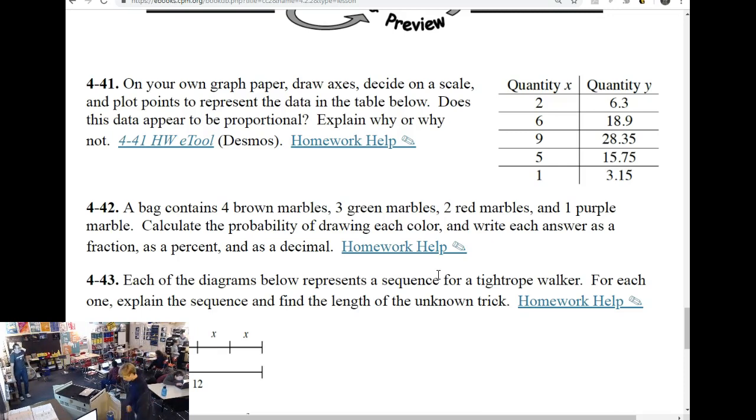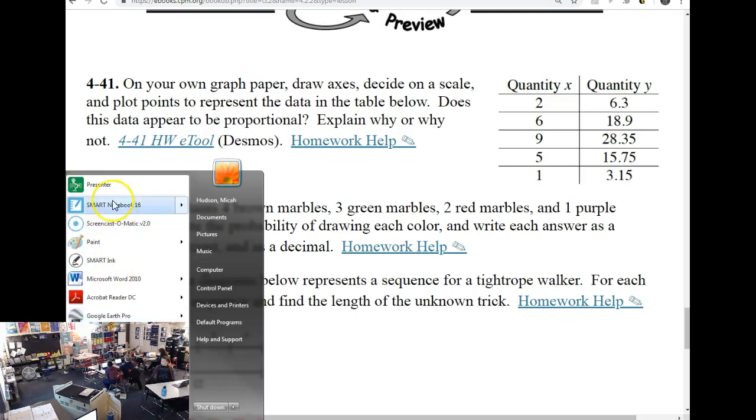In a table, double. If we double one value, the other value should double.